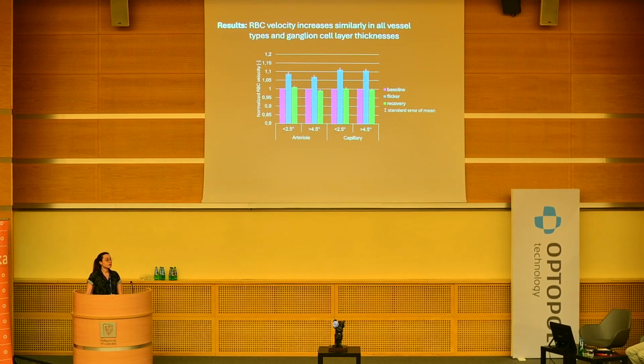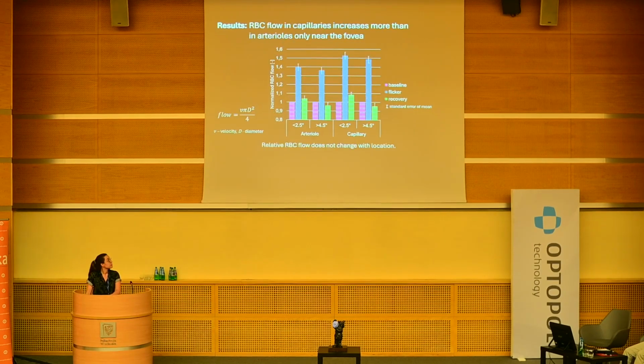Here you can see the graph of relative RBC velocity, and the statistical analysis also showed that there's no difference between locations or vessel type.